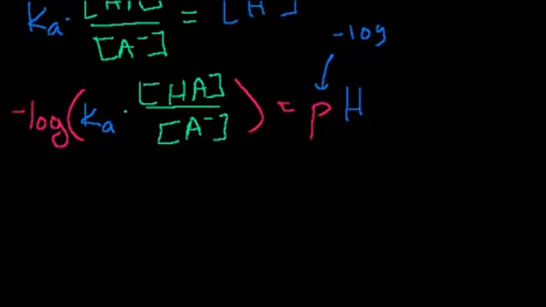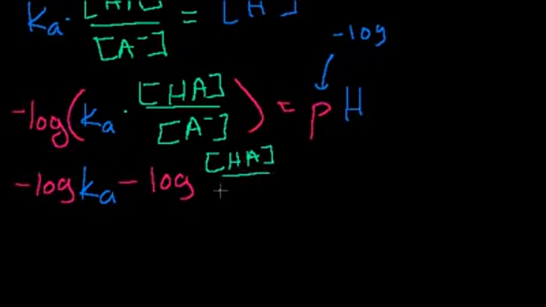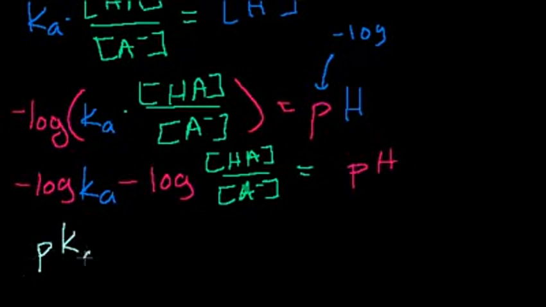So this can be simplified to minus log of our Ka, minus the log of our weak acid concentration divided by its conjugate base concentration, is equal to the pH. Now this is just the pKa of our weak acid, which is just the negative log of its equilibrium constant. So this is just the pKa.